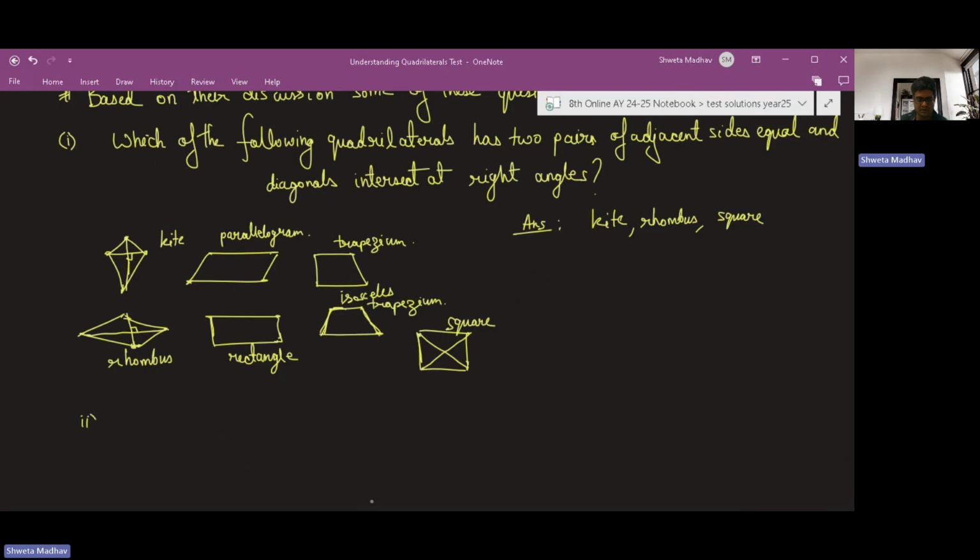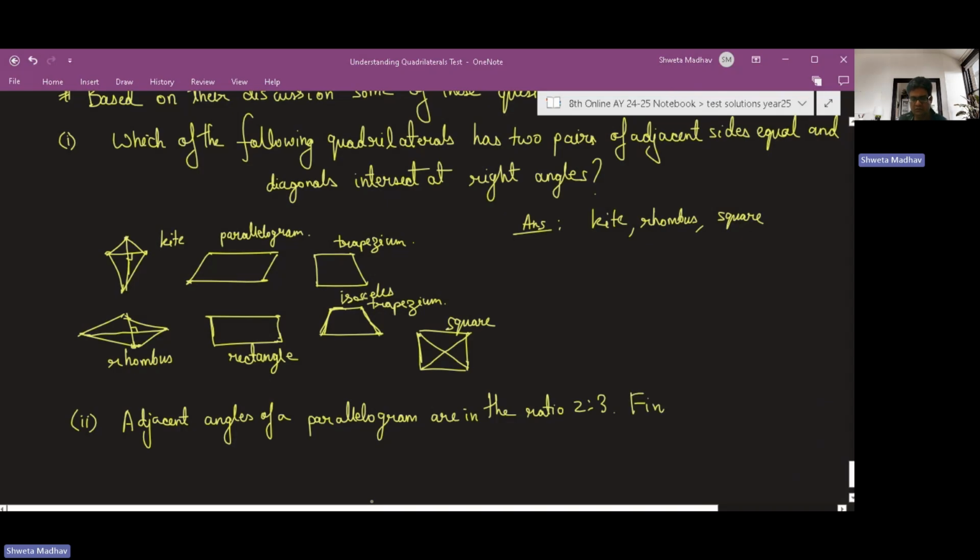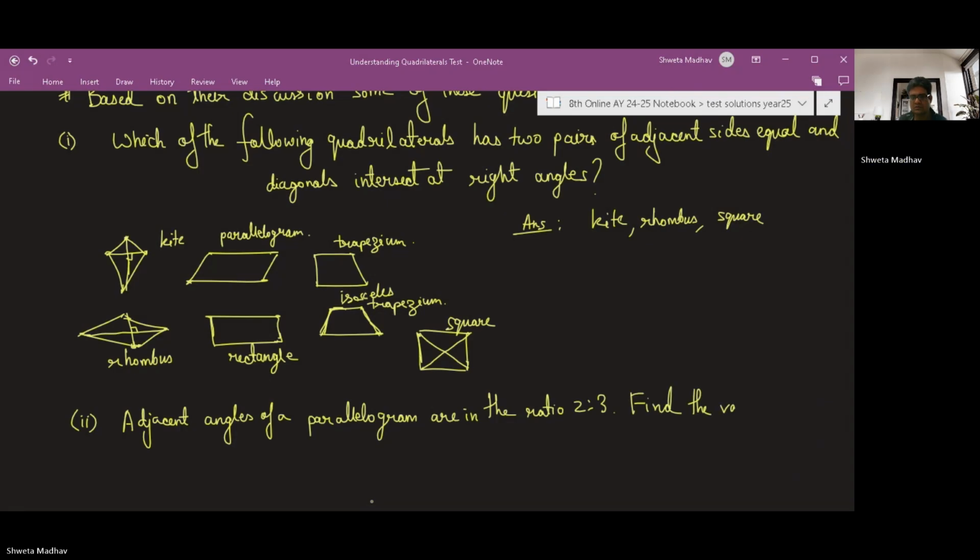And then in the second subpart, it has been asked that the adjacent angles of a parallelogram are in the ratio 2:3. Find the values of all the angles.